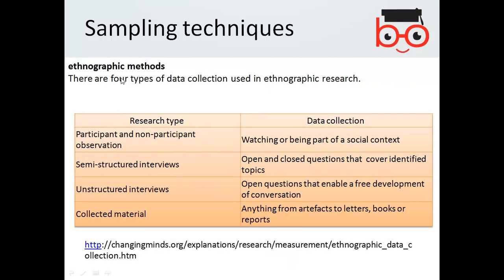Ethnographic methods. There are four types of data collection used in ethnographic research: participant and non-participant observation, semi-structured interviews, unstructured interviews, and collected material.